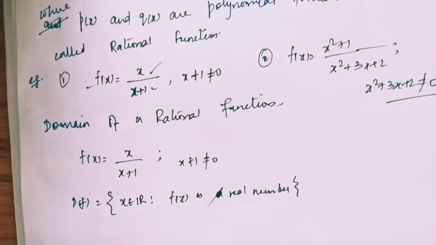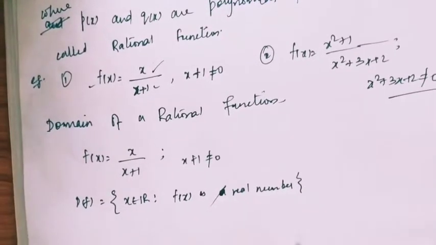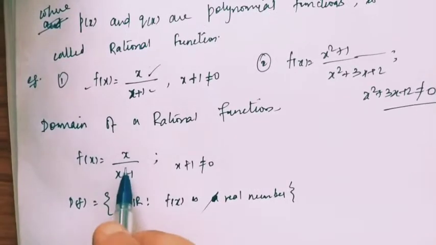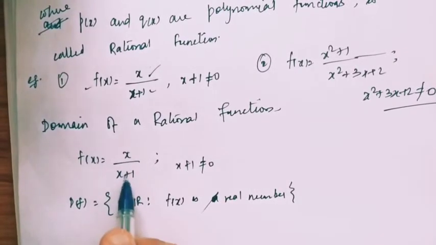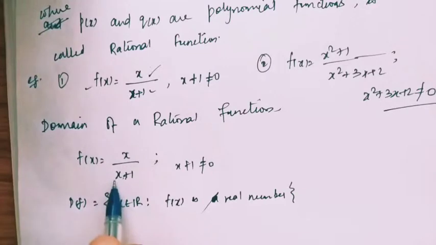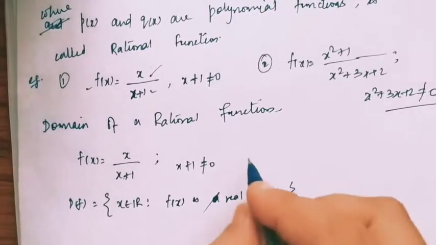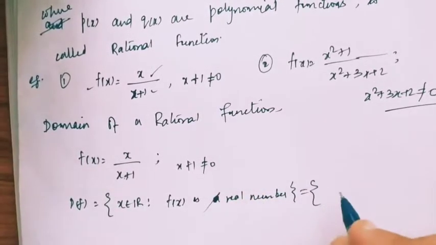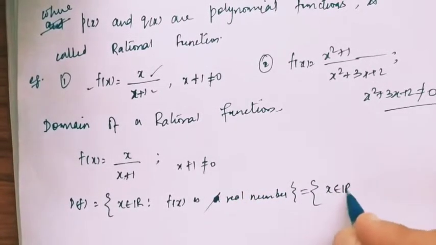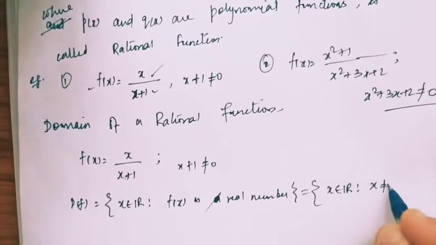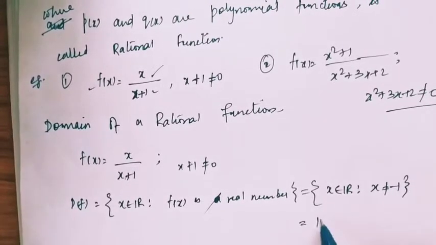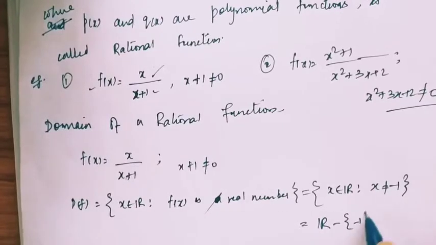For this function I have a problem only with x equal to minus 1, because when you substitute x equal to minus 1, the function does not give a real number. Therefore the domain is the collection of real numbers such that x is not equal to minus 1, that is R minus {-1}.